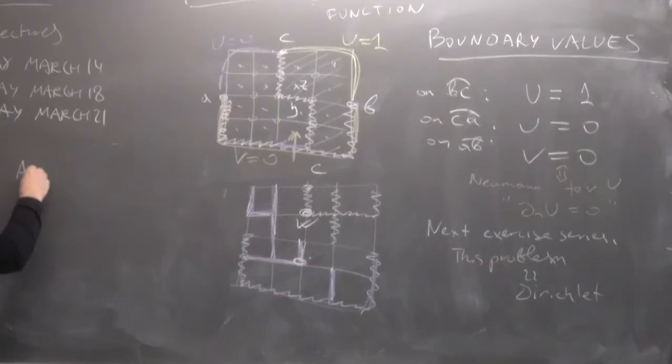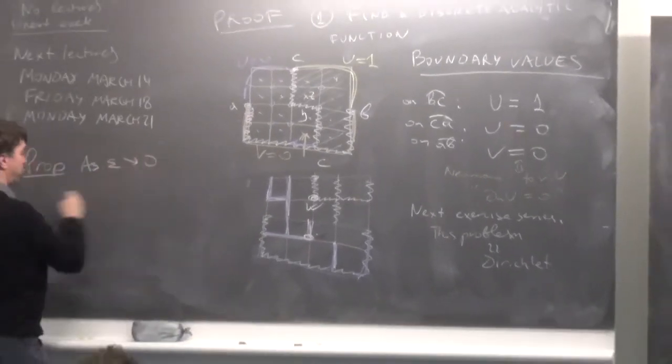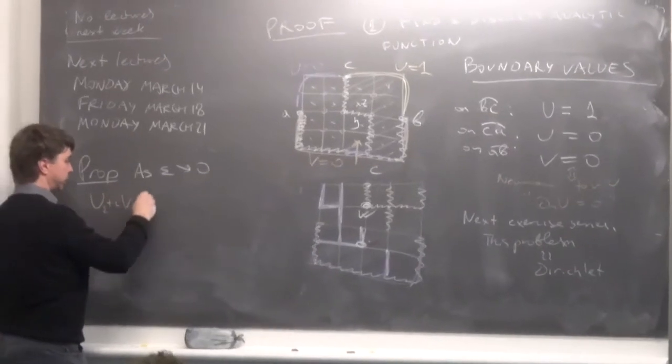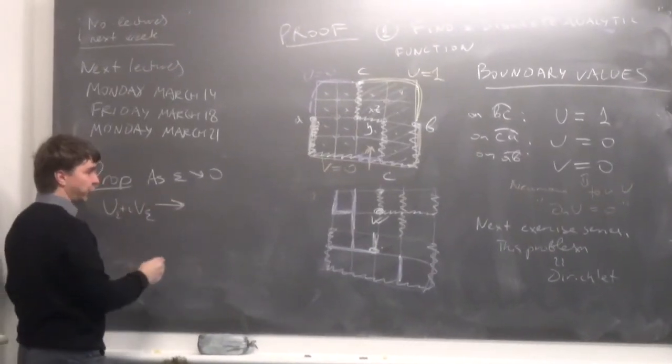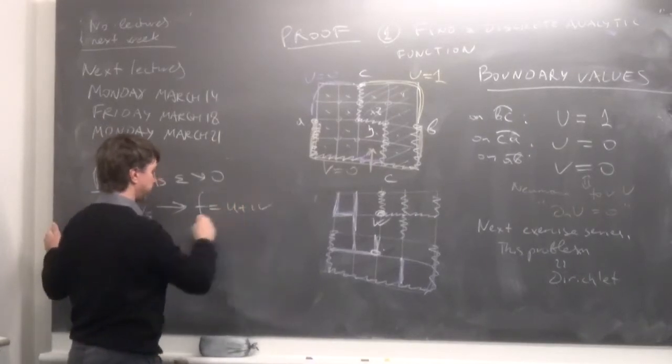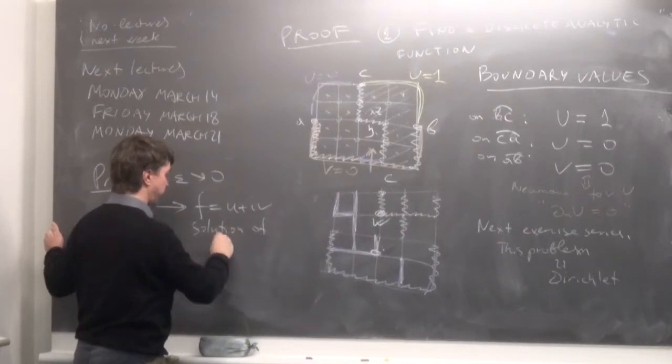Proposition. As epsilon goes to 0, u epsilon plus i v epsilon converges to, let's say, f equal to u plus iv, a solution of the similar continuum problem.